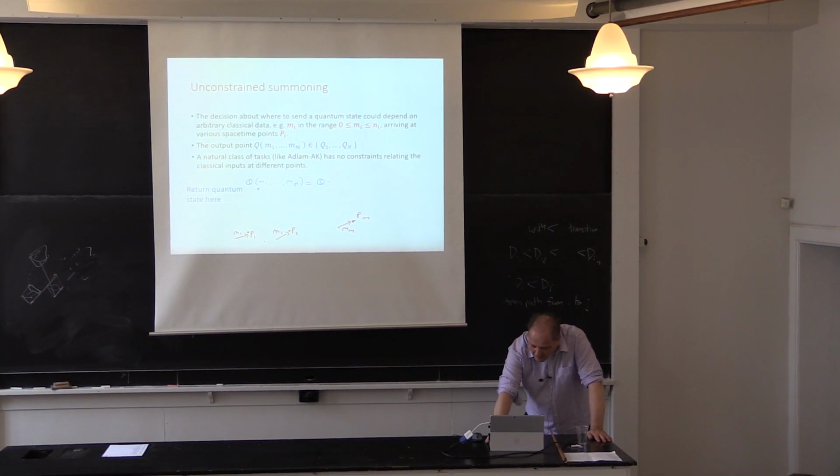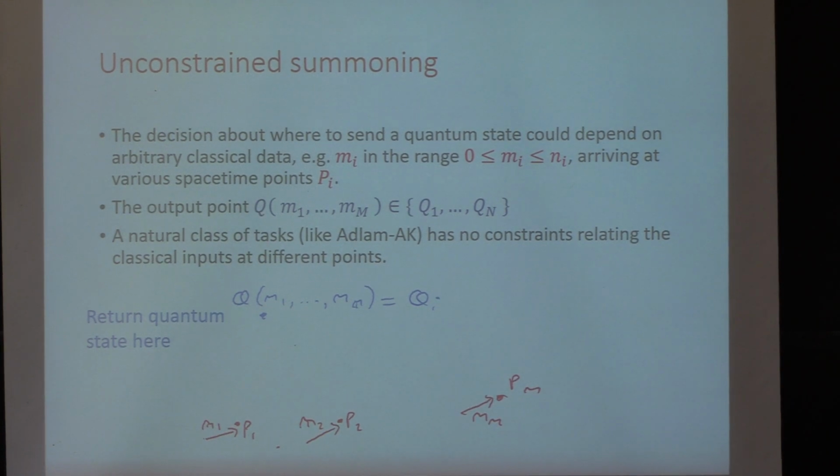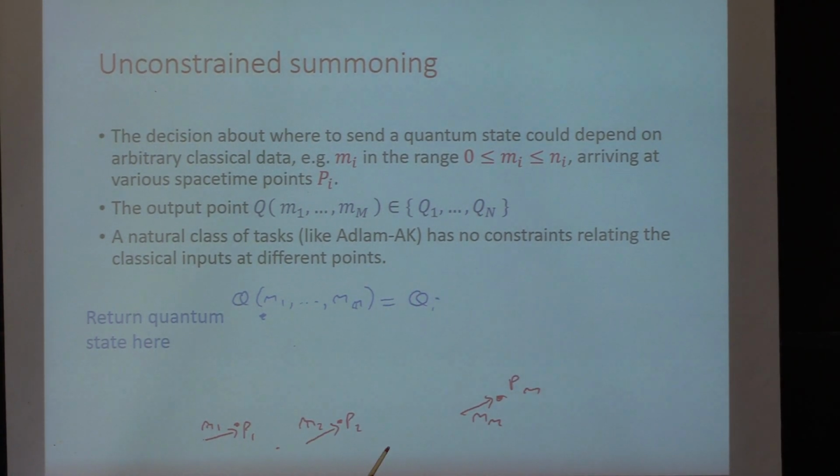So, you could generalize the idea of summoning in lots of ways. I'll just give you one more. So far I've talked about summoning as though it's literally call or return. But you could think of it as a slightly more abstract task in which classical information in the form of some integer in a known range is arriving at a set of points.